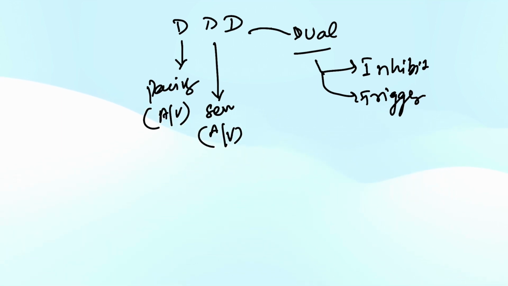If the SA node and AV node are functioning properly, then it will just sense, it will do nothing. But if the SA node or AV node are not working properly, then it will take over and deliver a fixed rate.